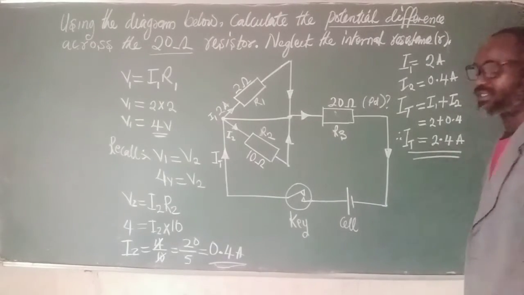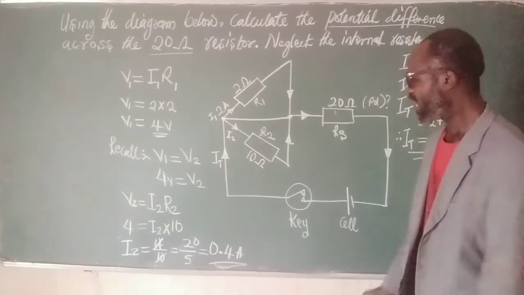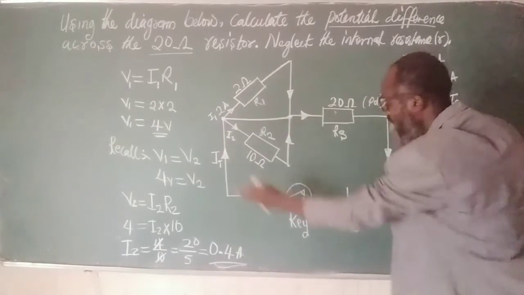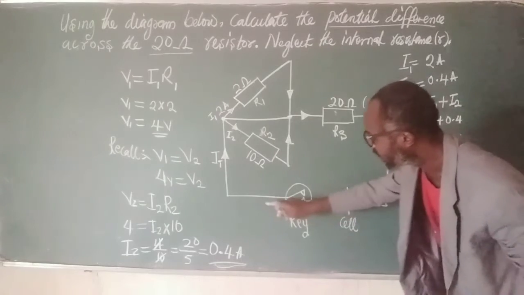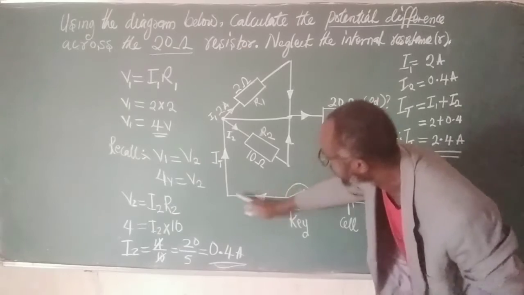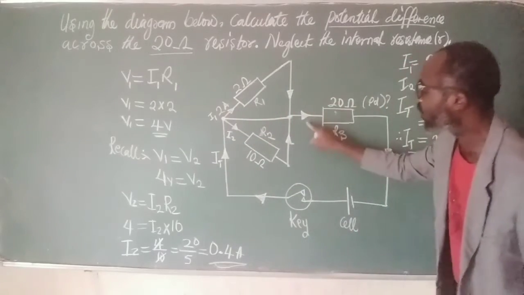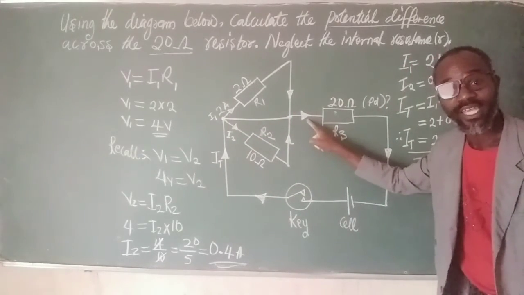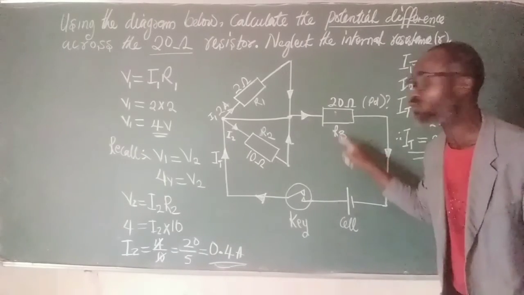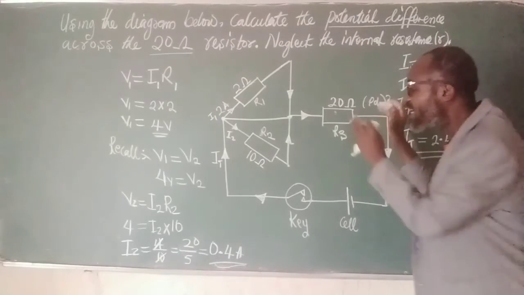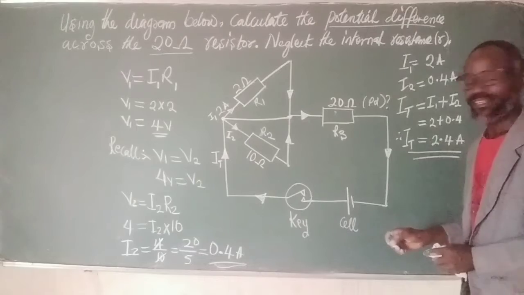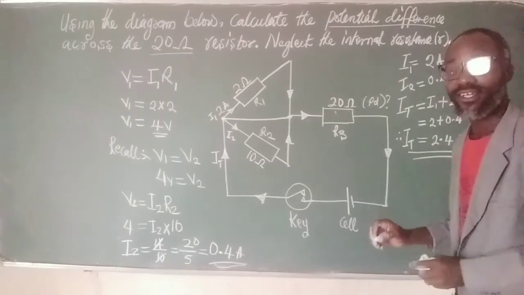Now we have found this. We now know this is the total current flowing in the system from this point. From this point, the total current flowing into the system recombines at this point, and then flows into resistor 3, whose value is 20 ohms. We can now find the potential drop at this point by using Ohm's law again.